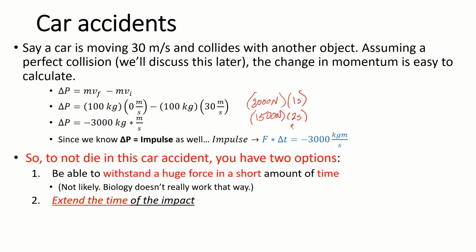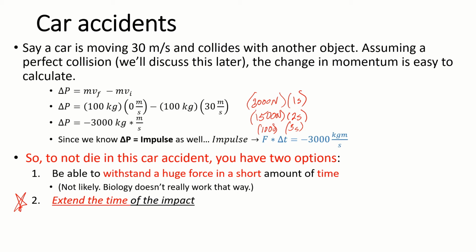If you triple that, then you've cut it down by a third. Notice that all of these, when you multiply them together, still equal 3,000. And this is what engineers try to do. They try to extend the time of impact. And this is what your egg drop project really gets to. You try to extend the time of impact to make the force smaller and make it more survivable.